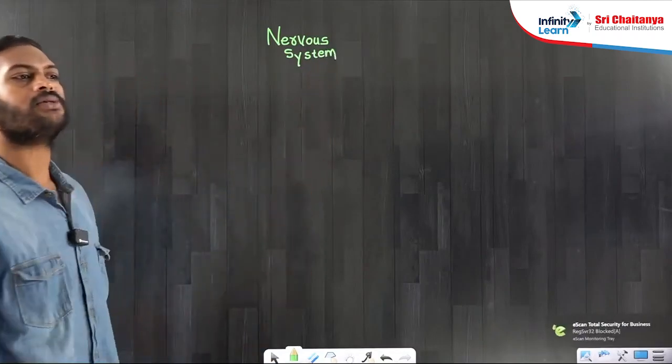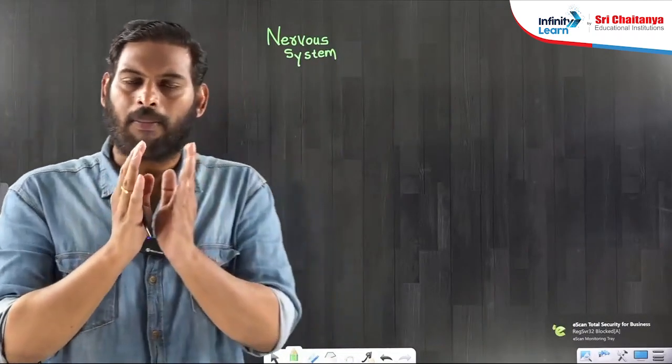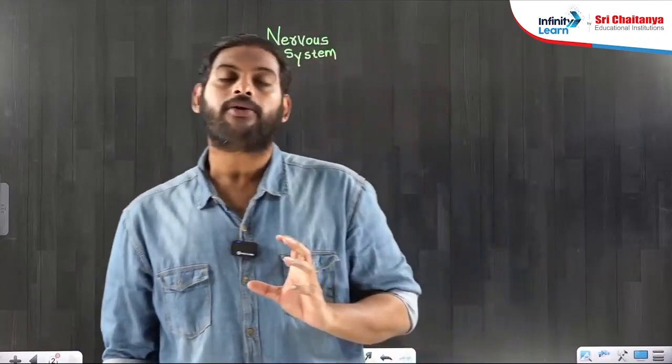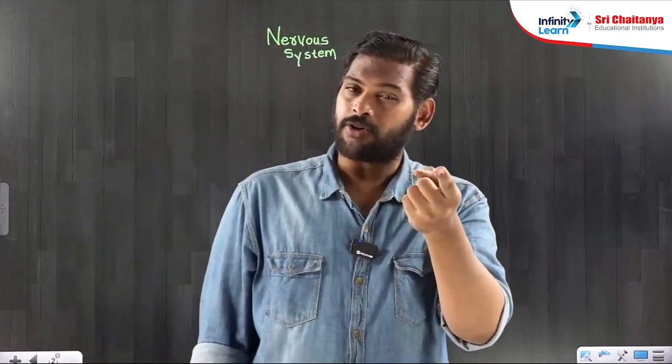In this nervous system, there is a part which is protected by your bones. I mean to say, there is a part of the nervous system inside your head region as well as a part protected by your vertebral column.